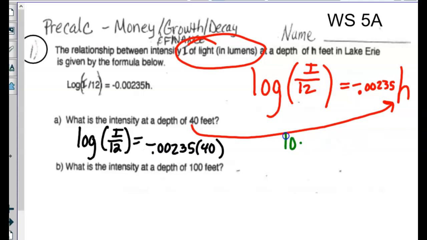Okay, I have the log of I over 12 equals negative 0.094. Did someone get that? Did I type enough decimals? Okay, now what?